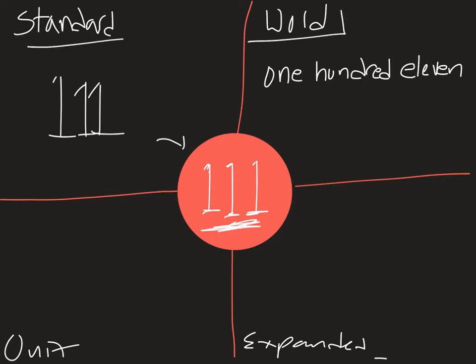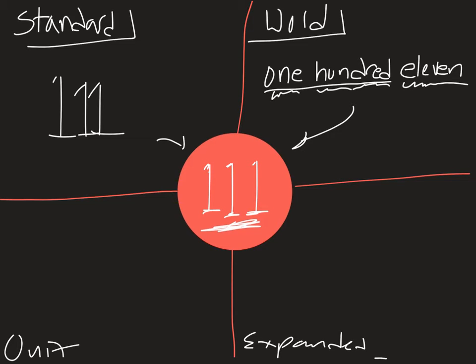There we go. We've done word form. 111. You can see here 100. And then the second part, 11, which is our number in the center.